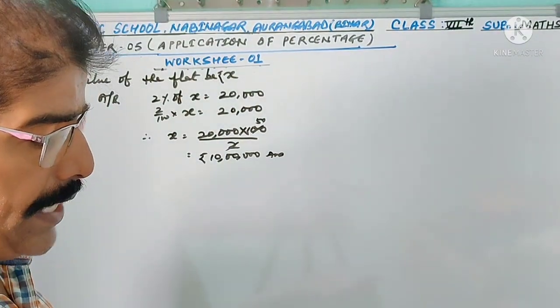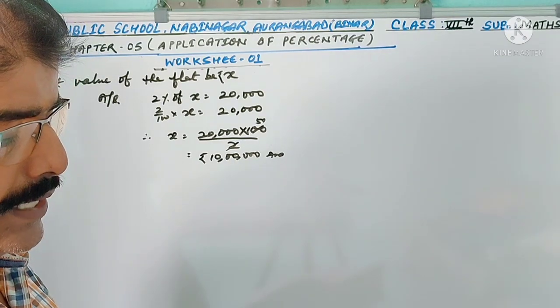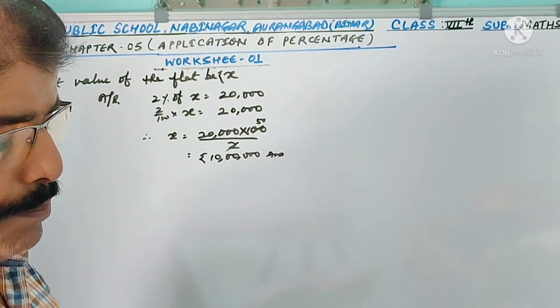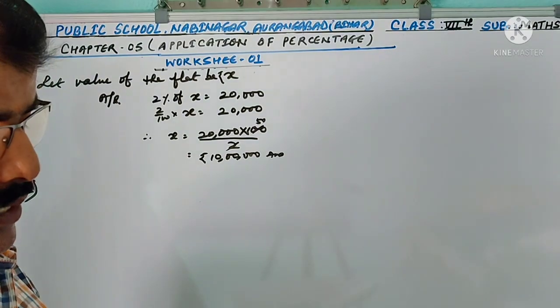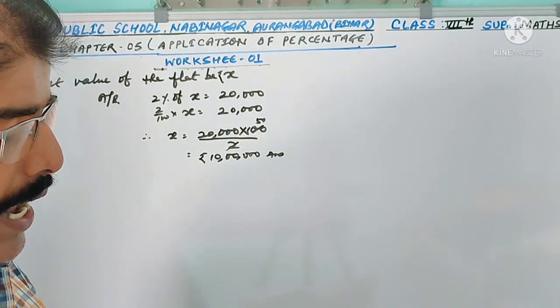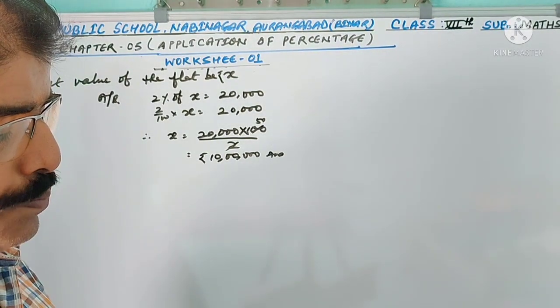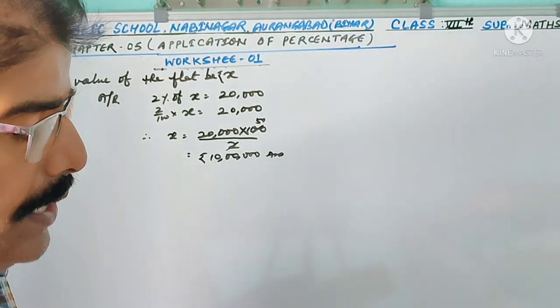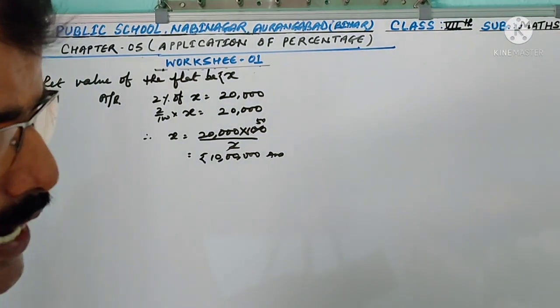A 3-star hotel in Delhi charged 10% sales tax on the price of the food taken. Mr. Saxena and his family had food worth rupees 685. Find the total money he had to pay.